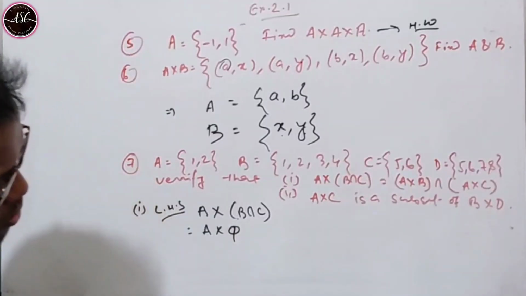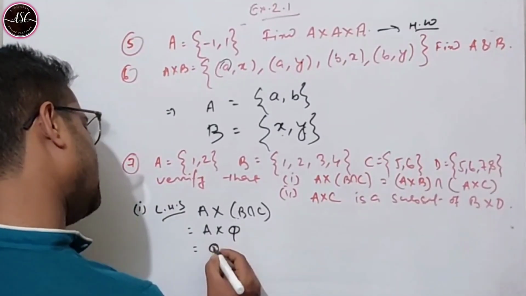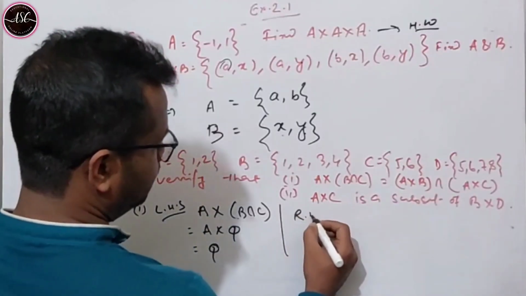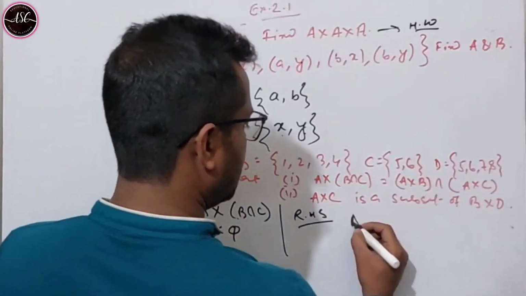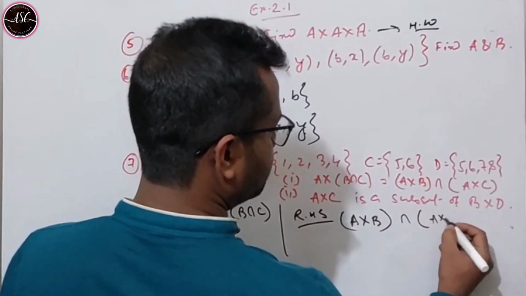Previously we have seen that the Cartesian product of phi and any set will be phi. Okay. Then RHS: (A cross B) intersection (A cross C).